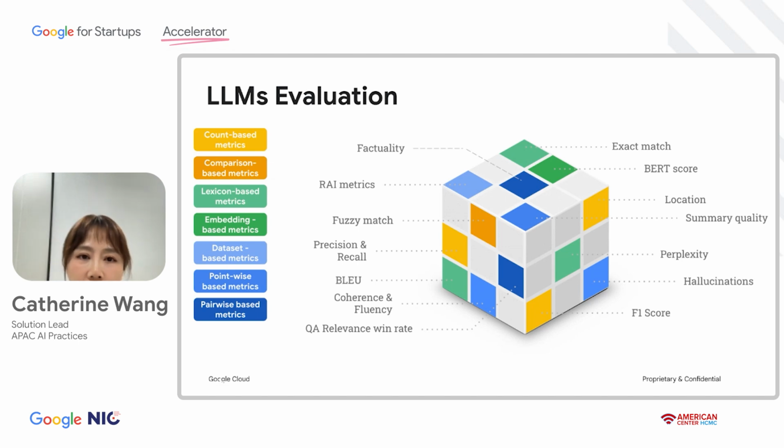So I am defining the well-known evaluation metrics from the large language model side, which are count-based metrics. That is counting how many correct words are provided by the large language model compared to your ground truth data. It can be embedding-based. Let's say, based on the specific metrics, if you are using a large language model to generate the embeddings of your text, how close is it to your ground truth, right?